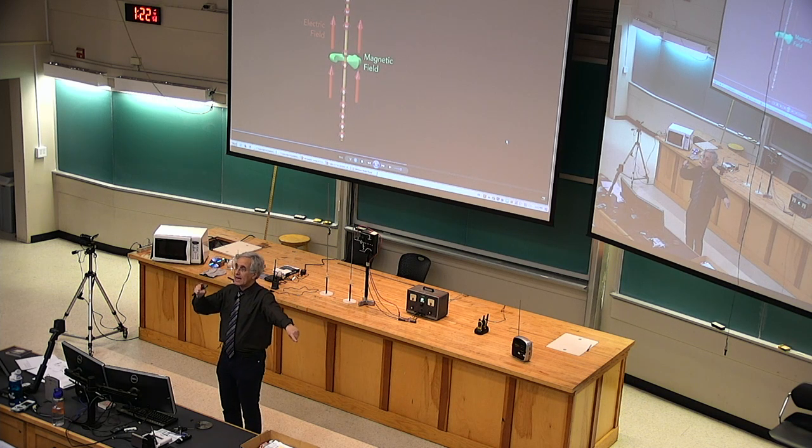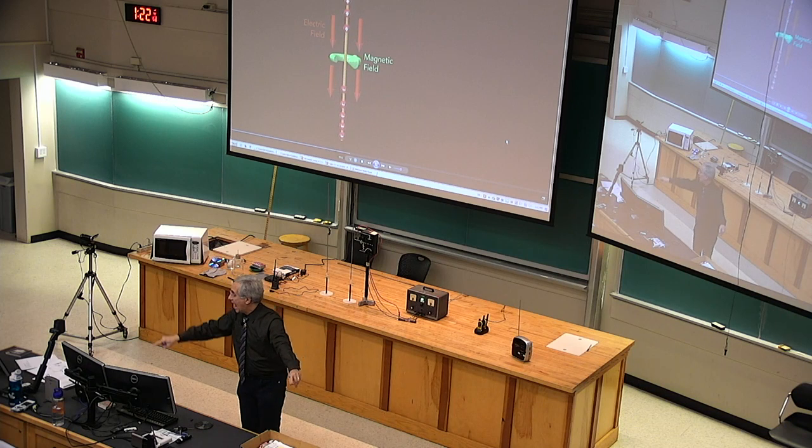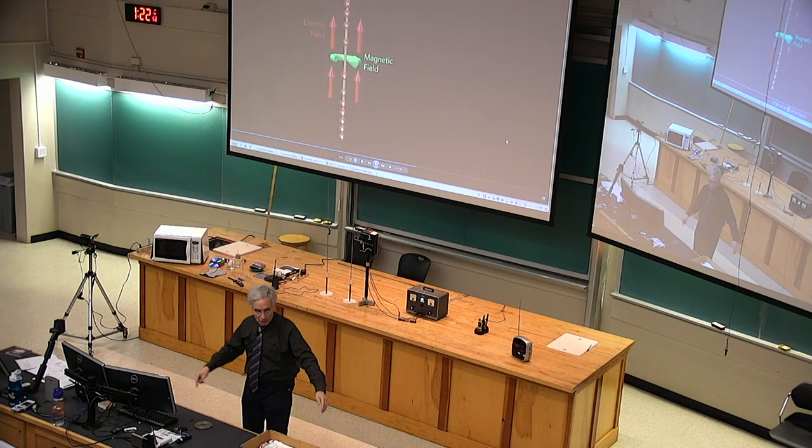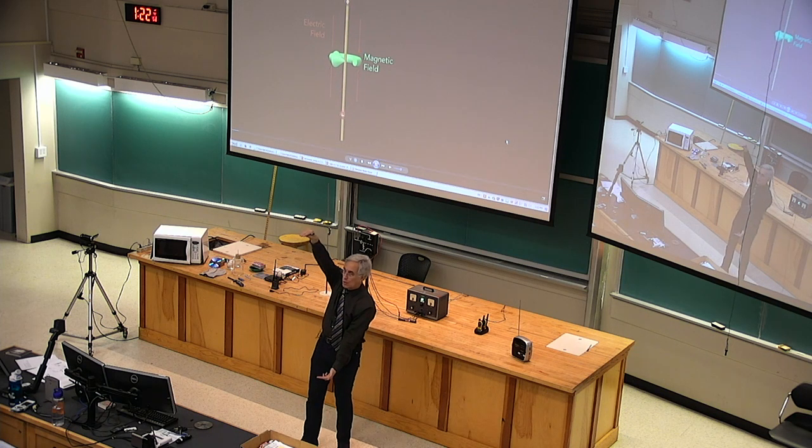To make a wire antenna that is resonant at 100 million cycles per second, you want it half as long as the wavelength of the wave. You want it this long, like that. So it's actually sort of 2 halves. It's got a half up and half down.